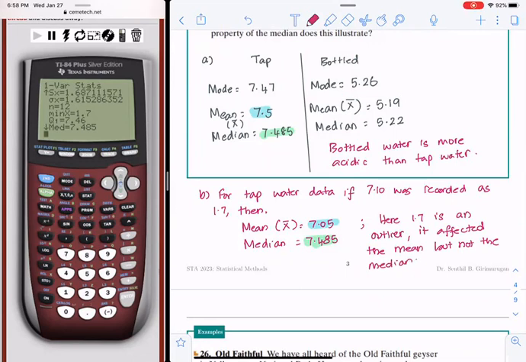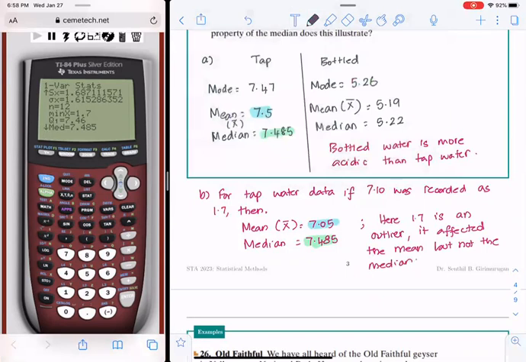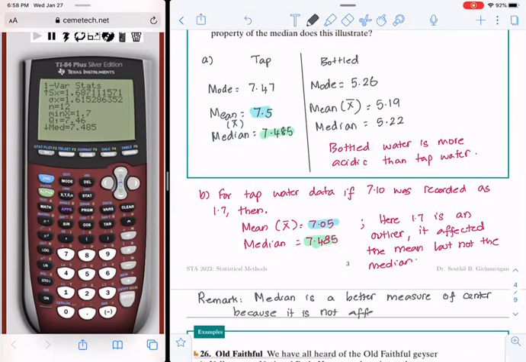So in short, typically, I'll put this as a remark, the median is a better measure of center because it is not affected by outliers.